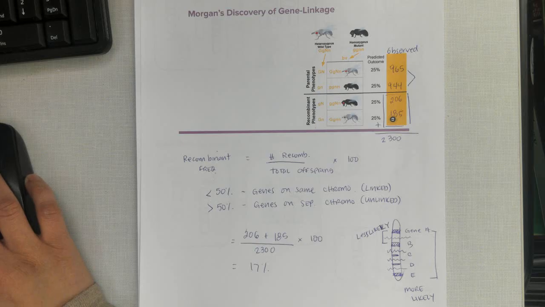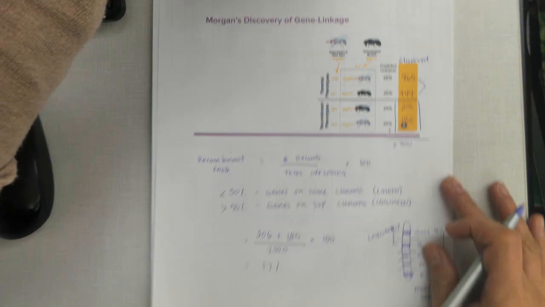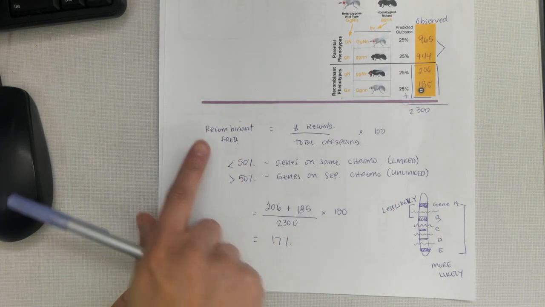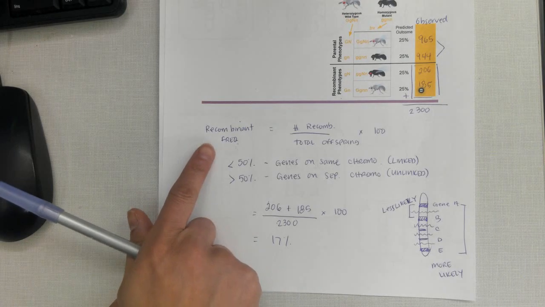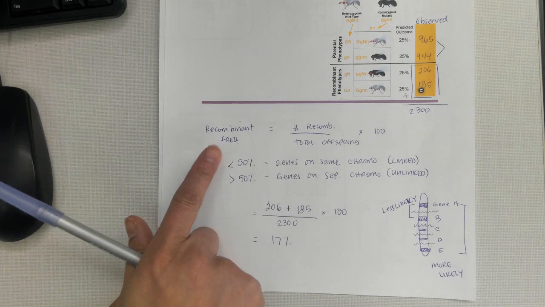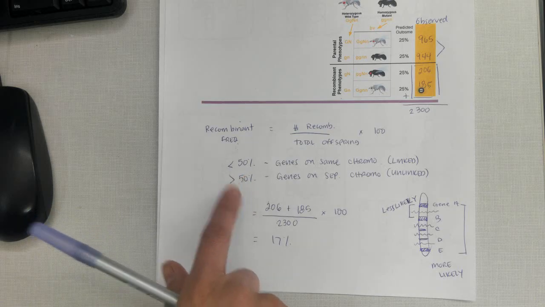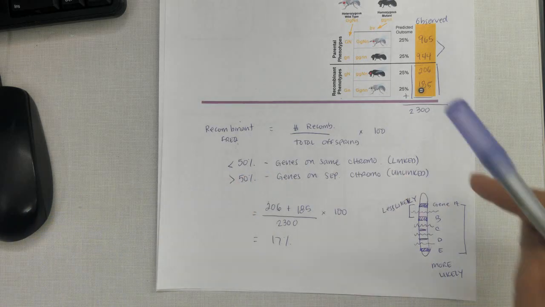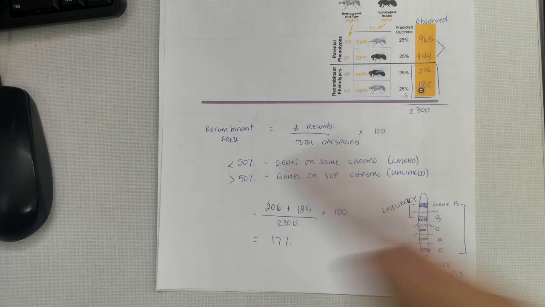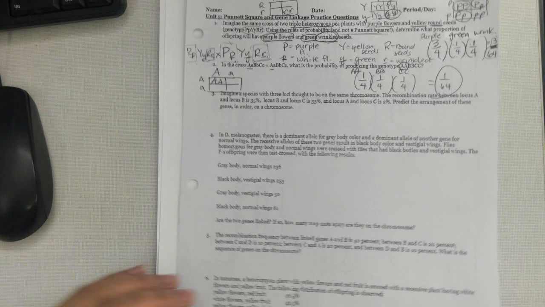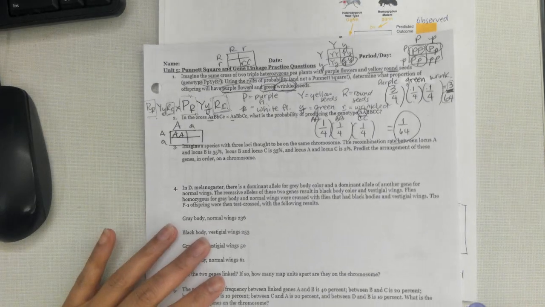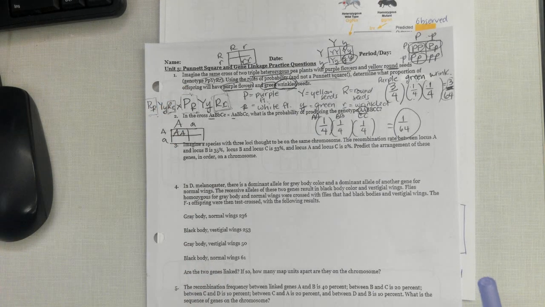Just to review again, the recombinant frequency will tell us how far apart these genes are on the chromosome. Are they on the same chromosome, or are they very far apart on a totally different chromosome? Let's take a look at the practice problems here.